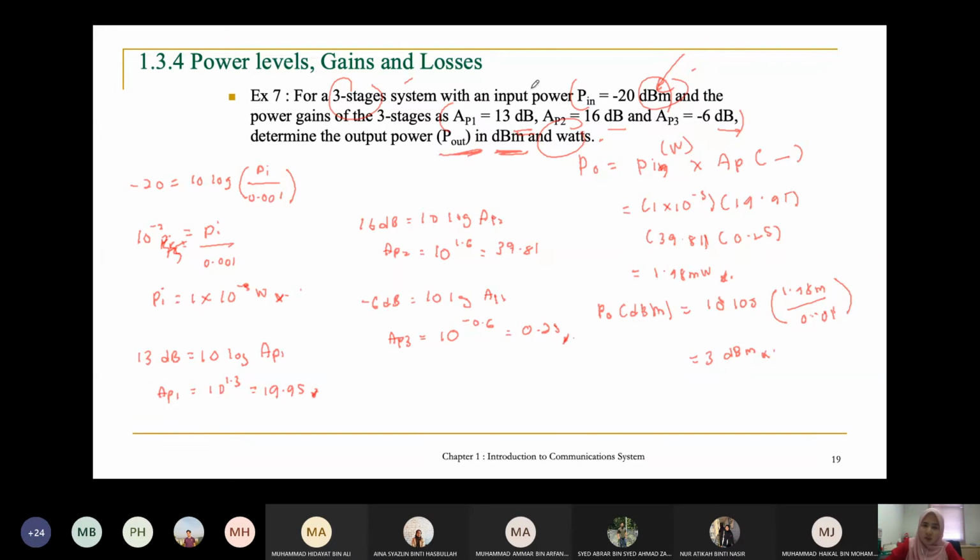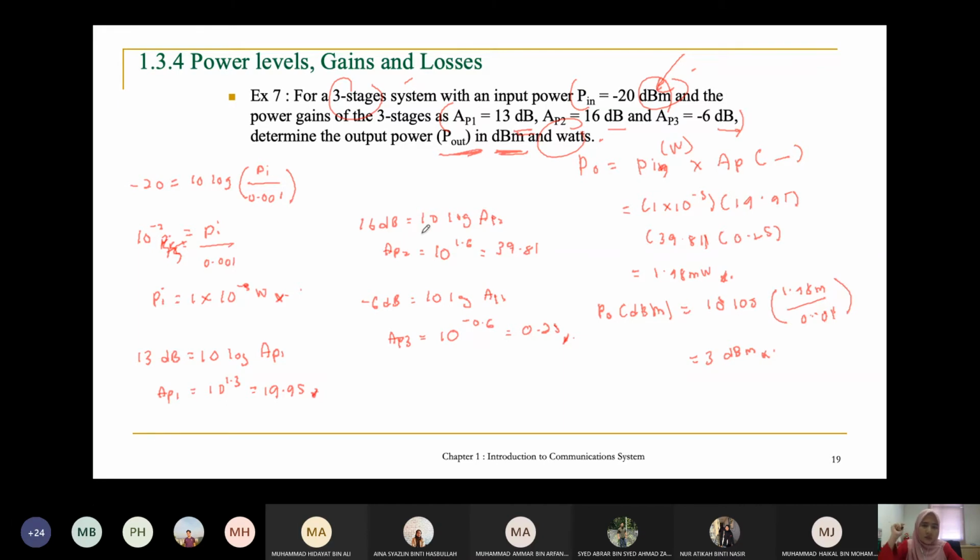For example, we give you AP1 equals to 13 dB, AP2 equals to 16 without the dB, absolute value, AP3 is negative 6 dB. So you must know which one to convert, which one you don't have to convert. Kena tengok betul-betul.